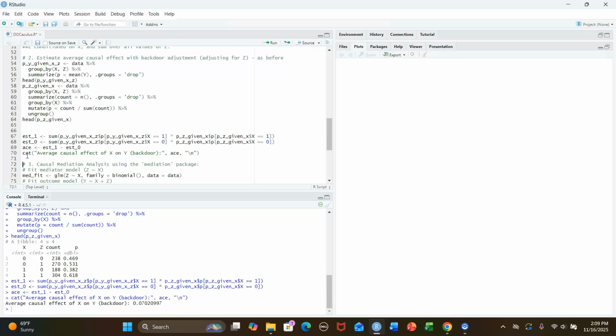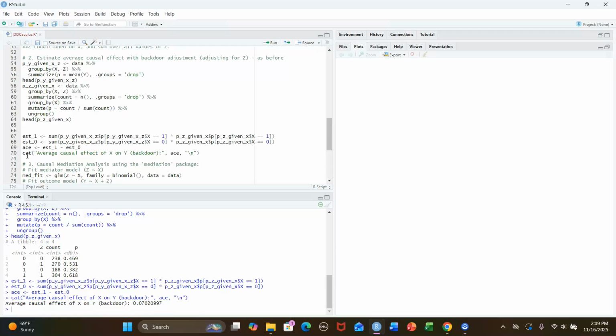The average causal effect of X on Y, after backdoor adjustment, is 0.0702. All right. So this is a demonstration of how we can actually use the formula or the expression identified by the do calculus to actually calculate the ACE using observed data.